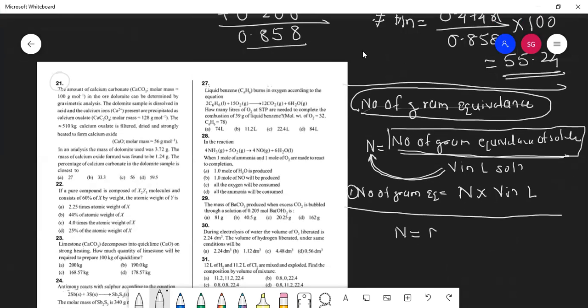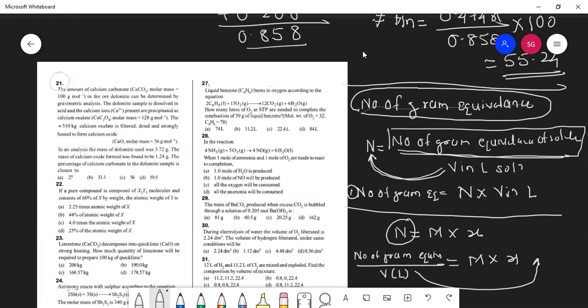Now, normality is number of gram equivalence upon volume in liter, which is equal to M into X. Can I send this V liter to that side? Yes, sir. You will get the second formula. What is the second formula? Number of gram equivalence is equal to M into X into V in liter. Is it correct?